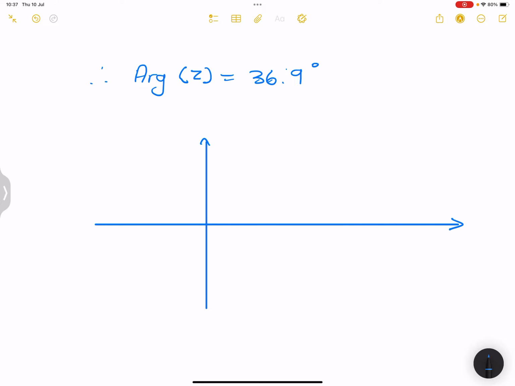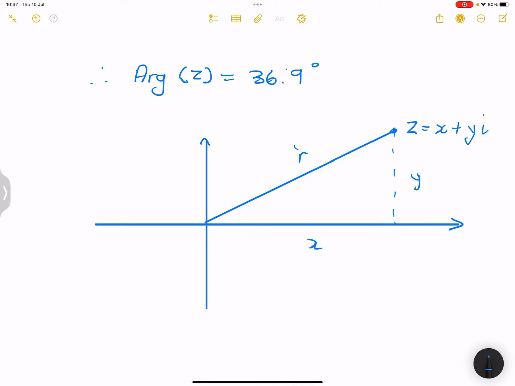So if I'm given any particular complex number, let's say this is our x value going that way and y value going that way. And we know this is going to be our r value. So remember, z would be equal to x plus yi.